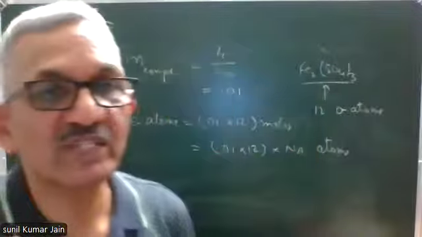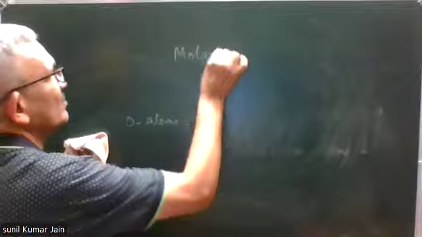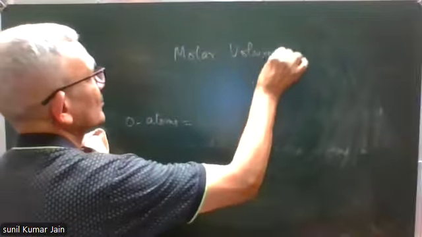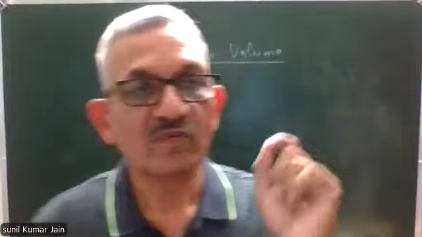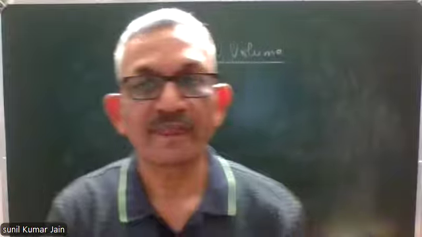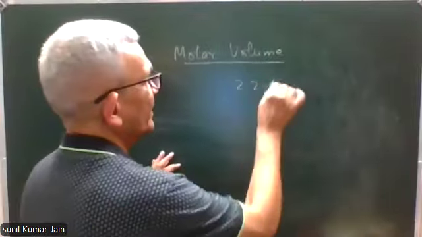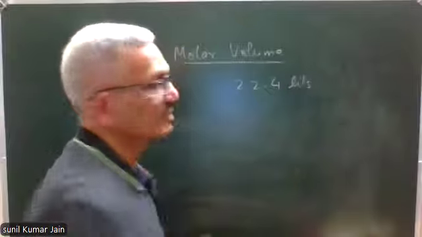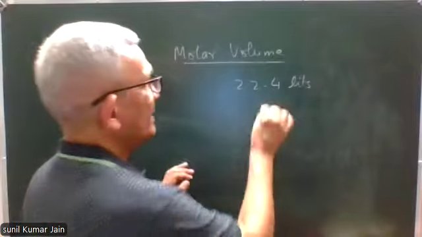So for that, write down the next, a very small topic, molar volume. Heading is molar volume. Write down: 1 mole of any gas occupies 22.4 liters of volume at STP.